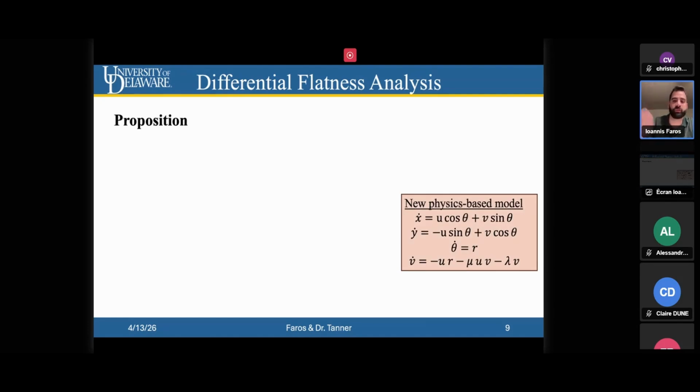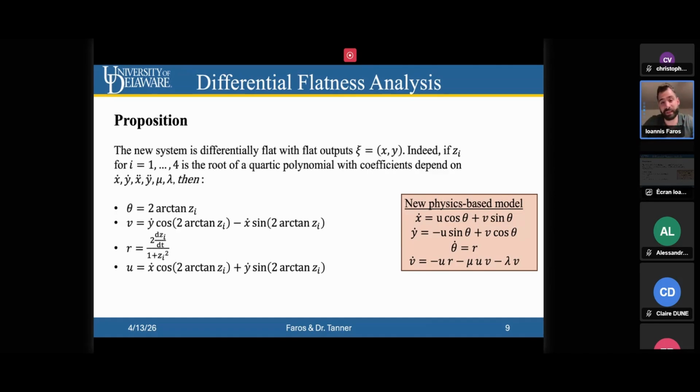We have the new physics-based model, same kinematics as the previous models, a different constraint on the sway that matches somehow with the hovercraft, but at the same time we add some nonlinearity. And we say that this system can indeed be differentially flat with flat outputs x and y.